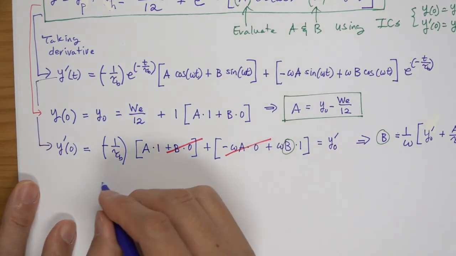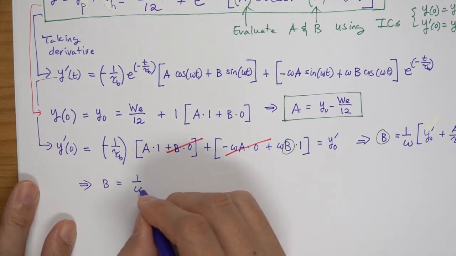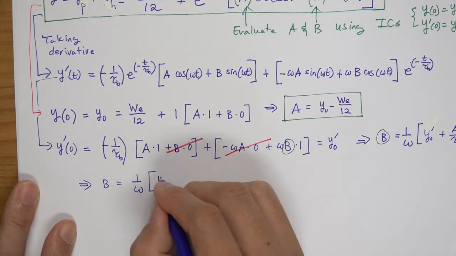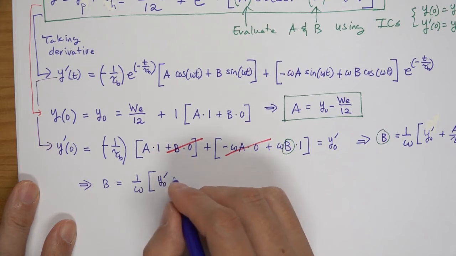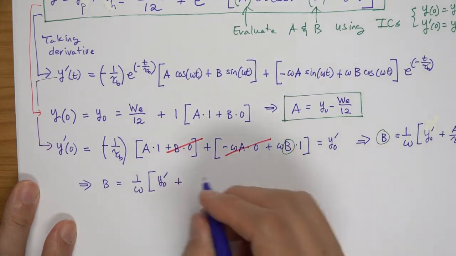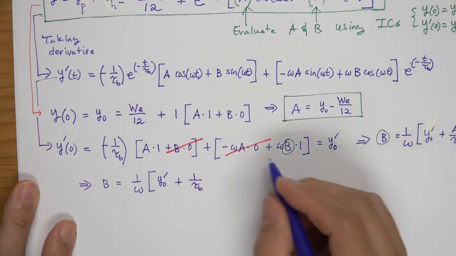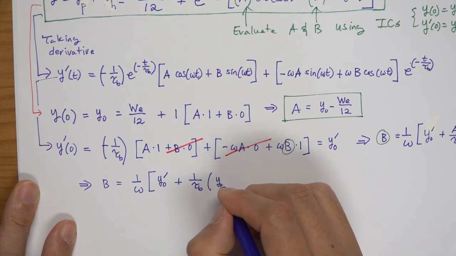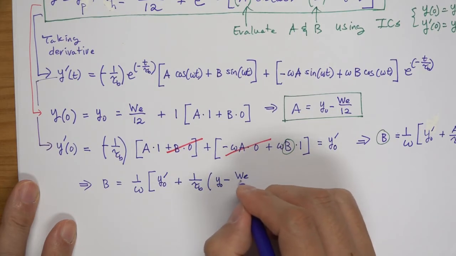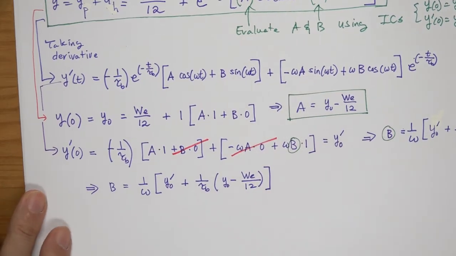So b here is 1 over omega times y 0 prime plus 1 over tau b. What's a? A is y 0 minus Weber number over 12. That's b.